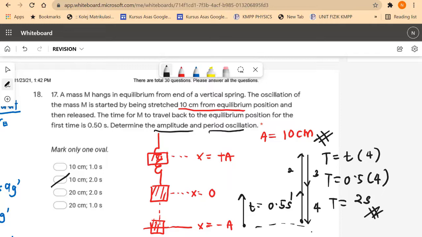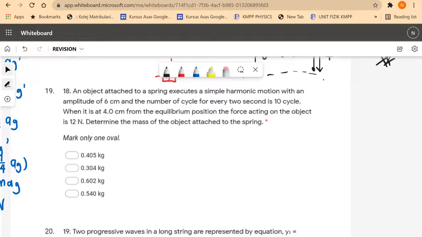And then proceed to number 18. An object attached to a spring executes SHM with an amplitude of 6 cm. This is A. The number of cycles for every 2 seconds is 10 cycles.